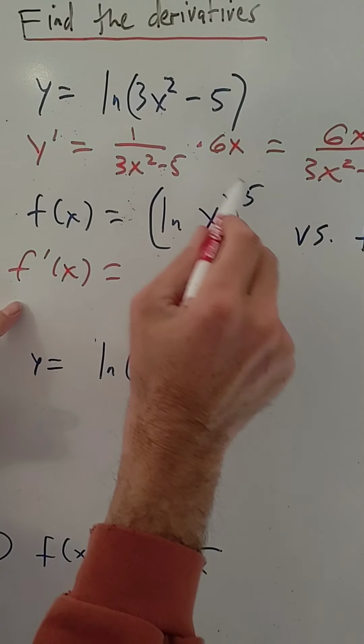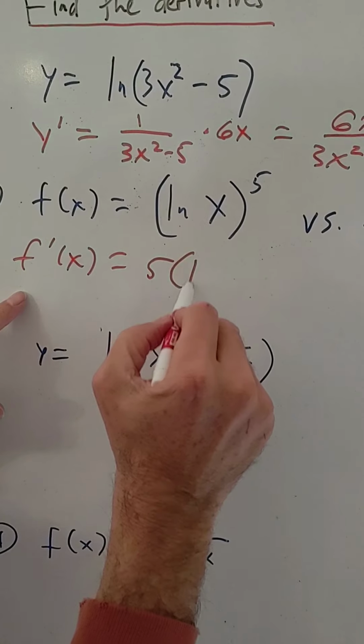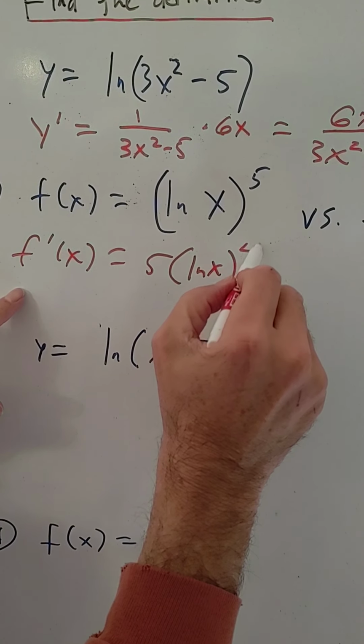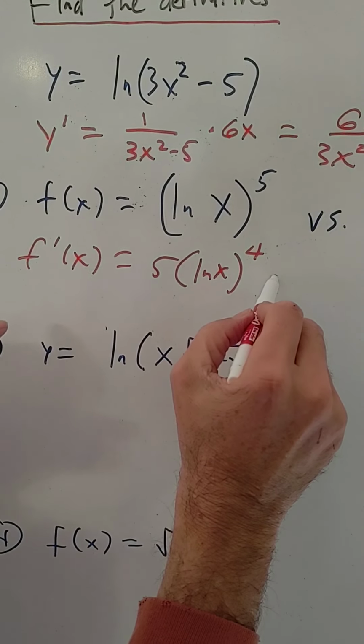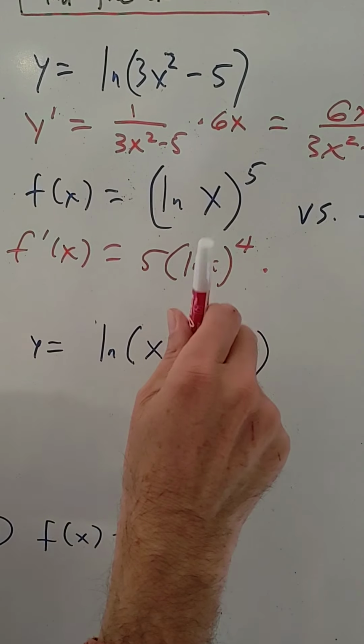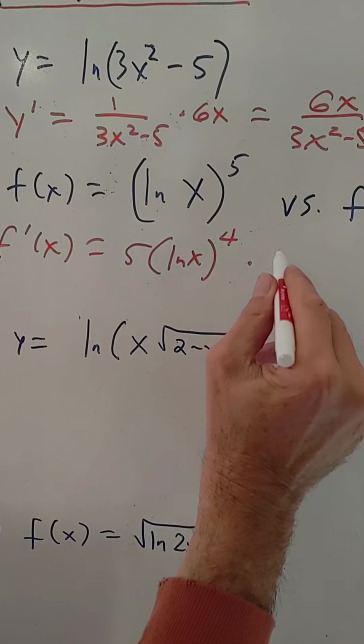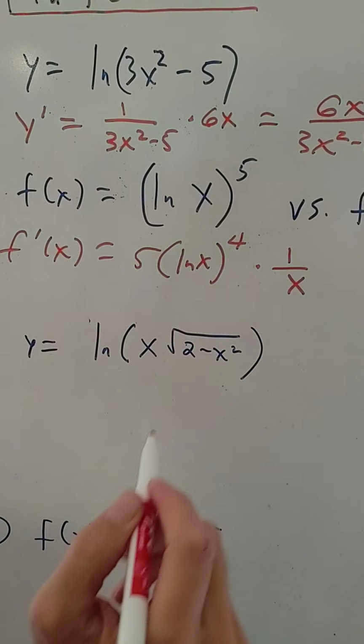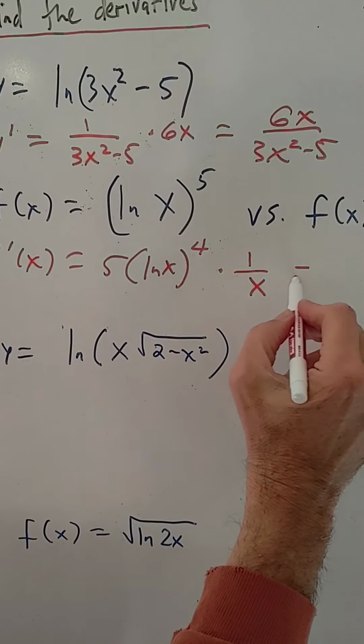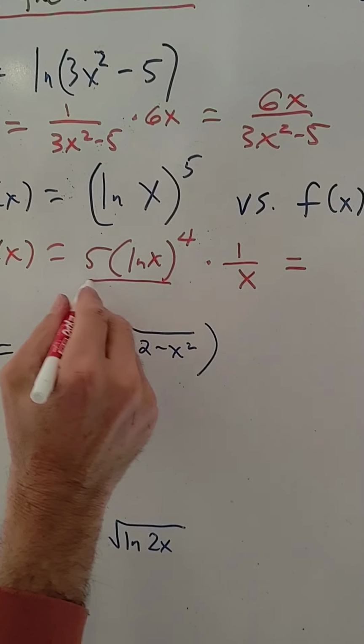So f prime of x, you bring down the 5, keep that base ln of x. Now it's raised to the fourth. And then by the chain rule, we go times the derivative of the inside. What is the derivative of the ln of x? By rule number 1, it's just 1 over x. And then you want to simplify. If it helps you, you can think of this over 1.